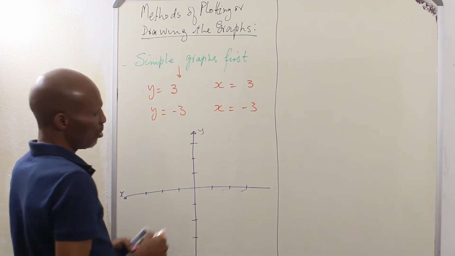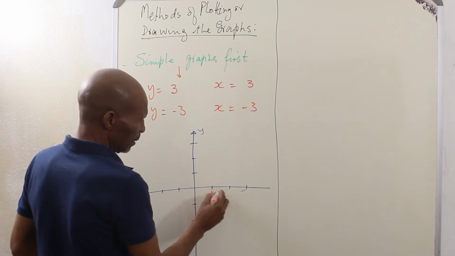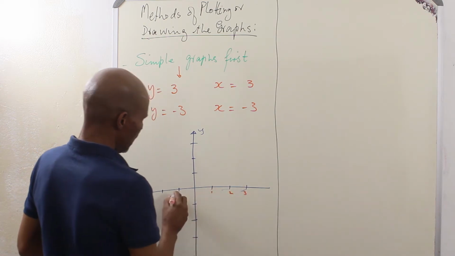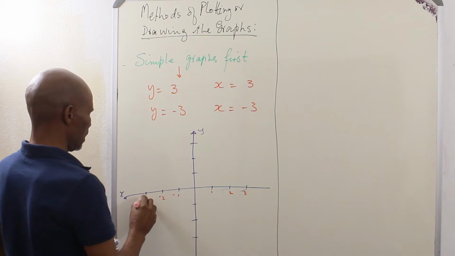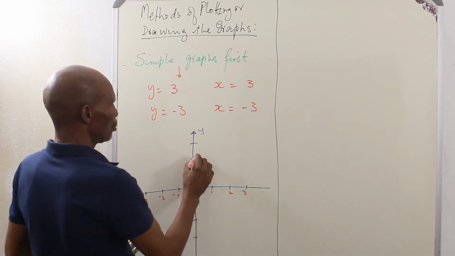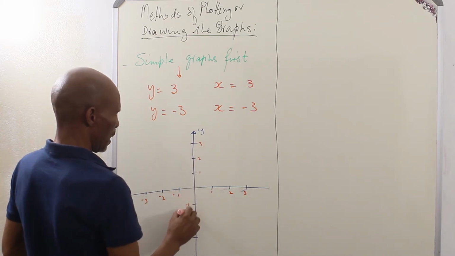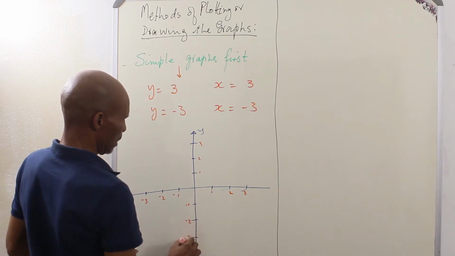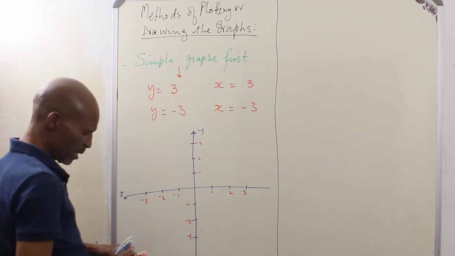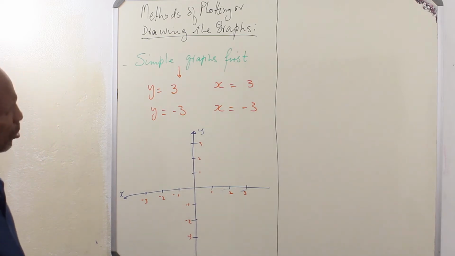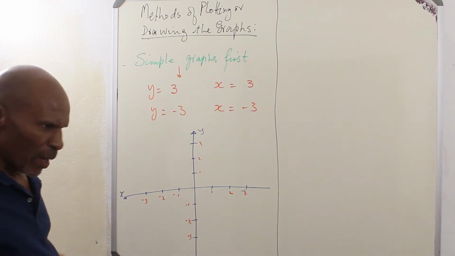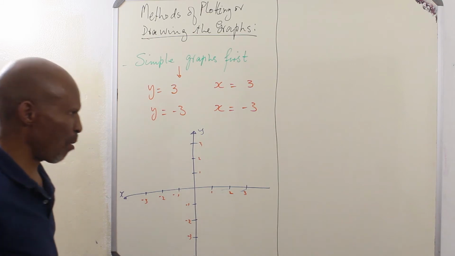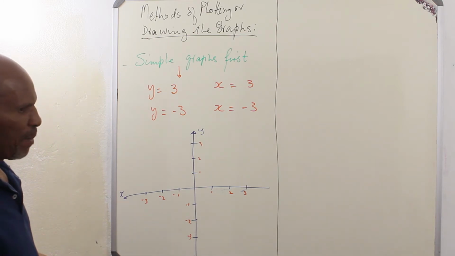Kwi plane yakho uyayidivide 1, 2, 3, minus 1, minus 2, minus 3. Mawusuyidivide plane yakho bese uyawadweba lama graph. Ngifuna ke siwadwebe maqede bese siyakhuluma ngawo.